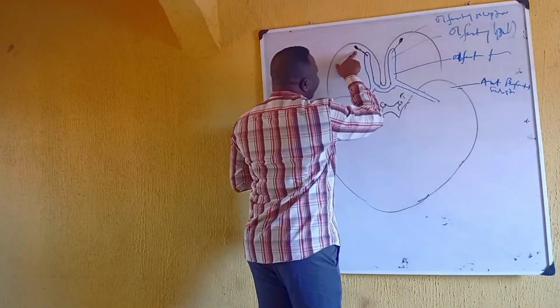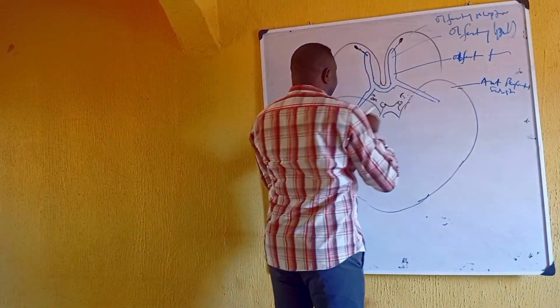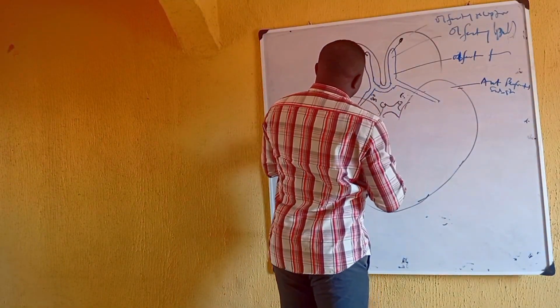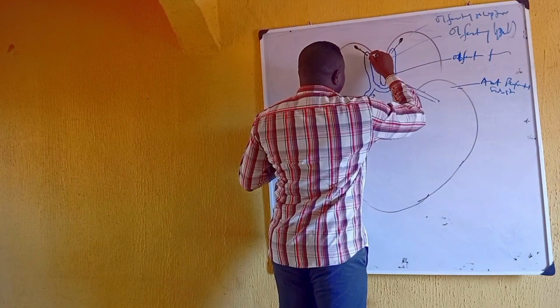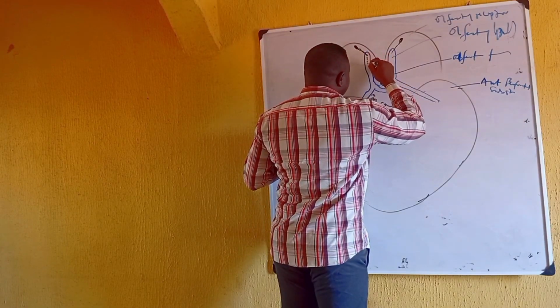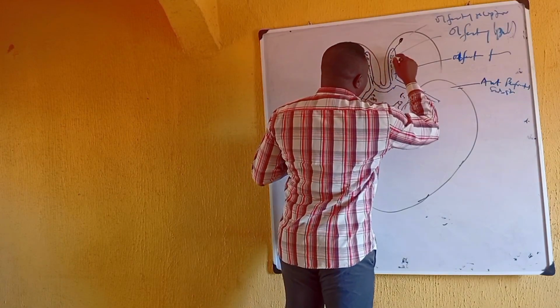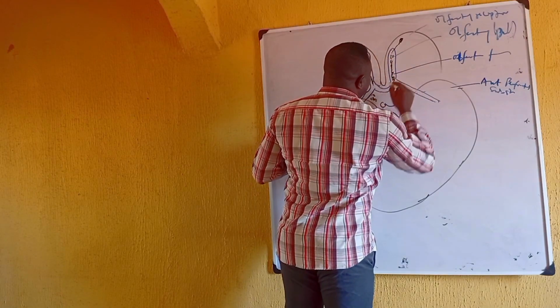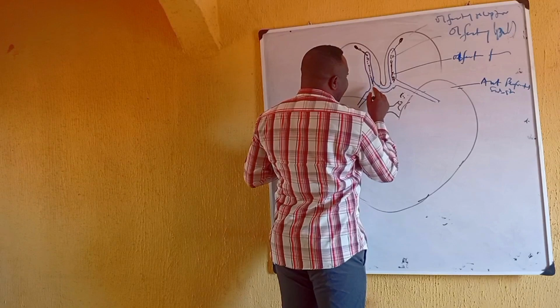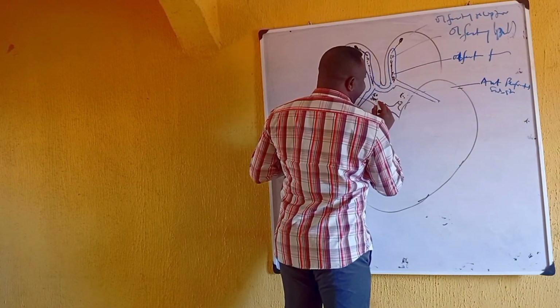Now, the axons of the olfactory receptors go to the olfactory bulb, and then from there, the axons of the mitral cells and the tufted cells form the olfactory tract. The olfactory tract eventually divides into two. It bifurcates into two around the region of the anterior perforated substance.